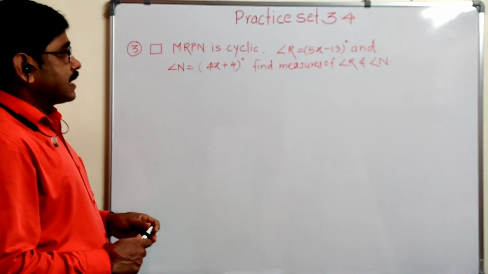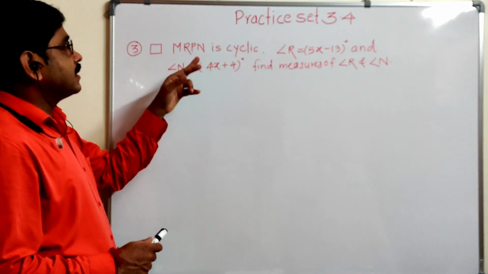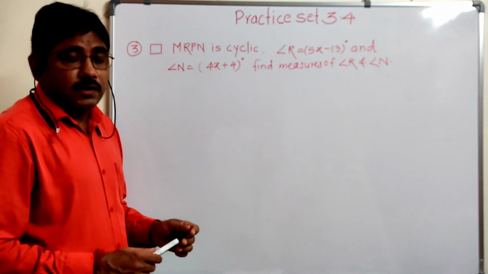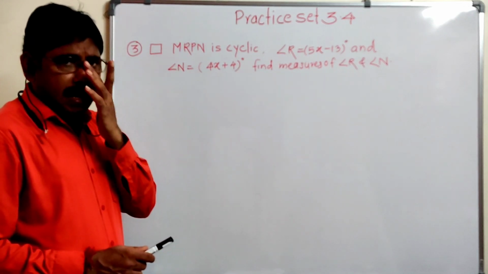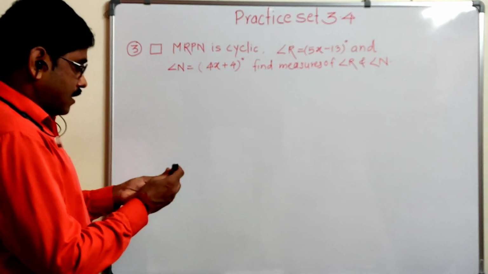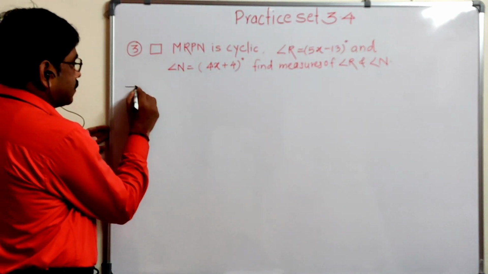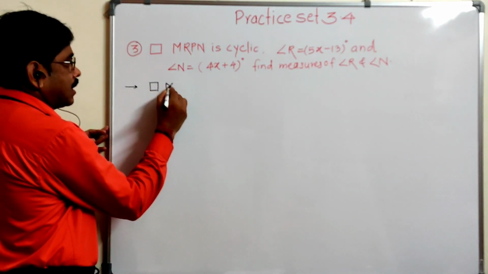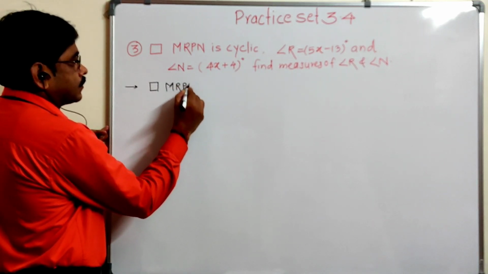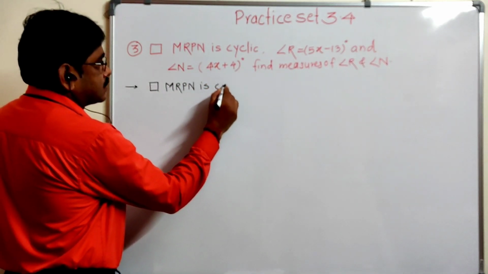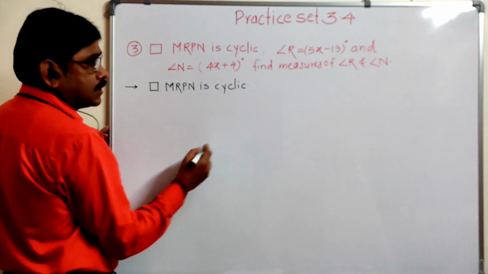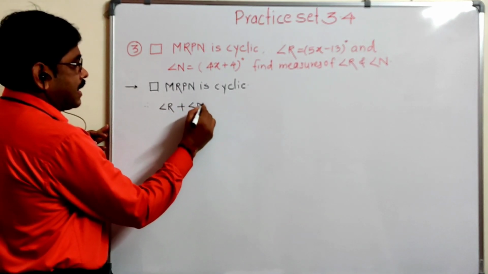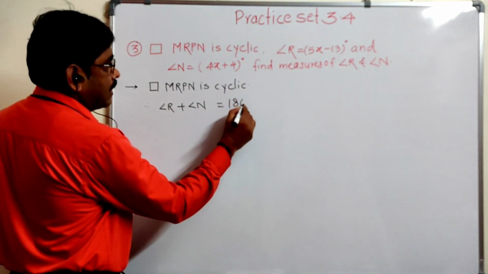Here if we observe MRPN, then R and N, these are vertically opposite angles. Sorry, not vertically opposite. These are opposite angles of a cyclic quadrilateral. Now, how to write the answer? Quadrilateral MRPN is cyclic, and therefore angle R plus angle N is equal to 180 degree.